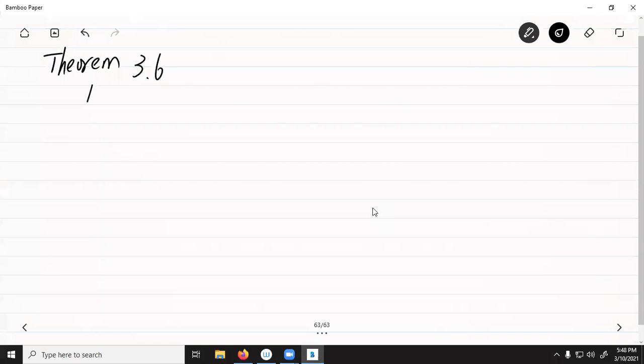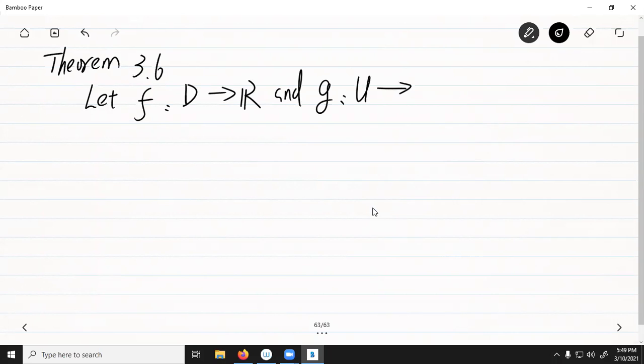We let f, which is from D to R, and g, which is not from D to R, it's from U to R, such that f of D, the range of f, would be a subset of U.